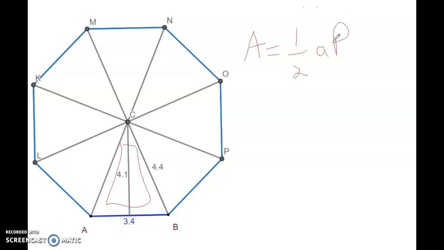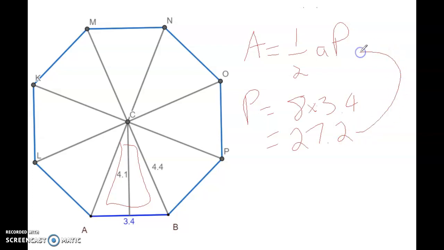Now the perimeter here, if we calculate the perimeter first, that's the number of sides, which is 8, times the side length, which is 3.4. So 8 times 3.4 is 27.2.